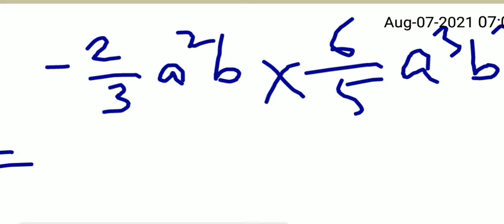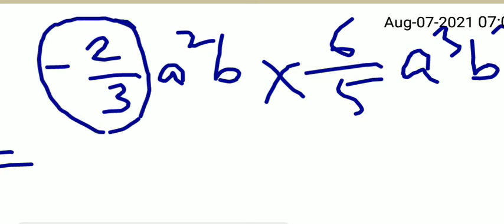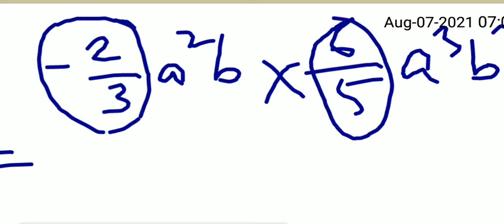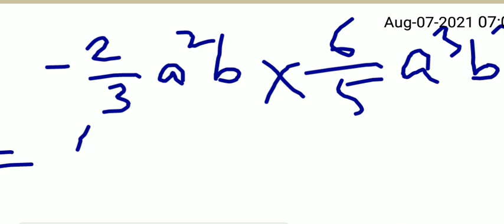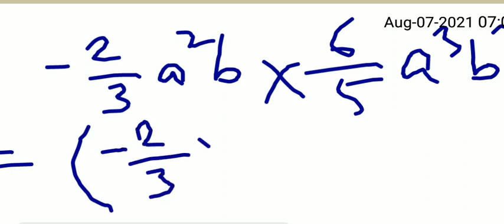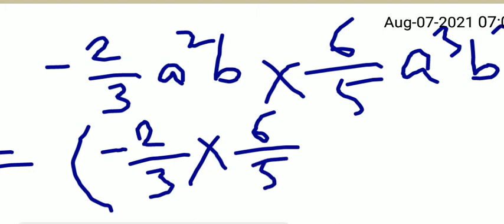So the numeric numbers you have to write side by side for multiplication. You write in brackets minus 2 by 3 into 6 by 5, and then the variables.